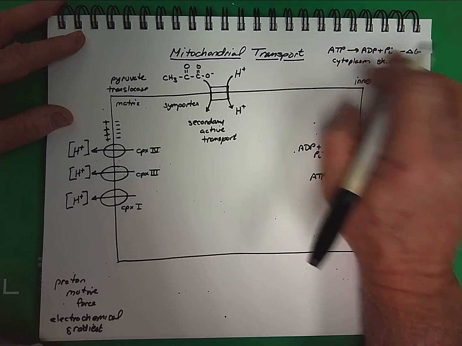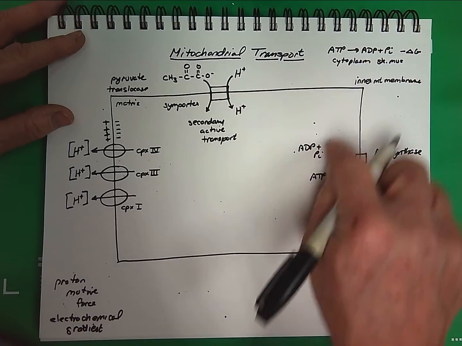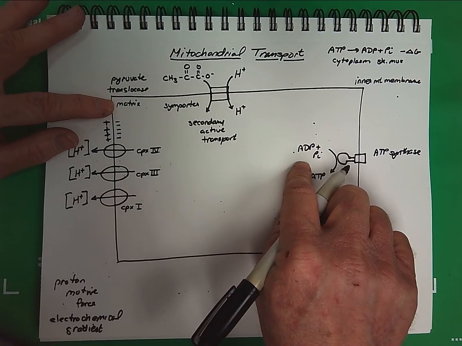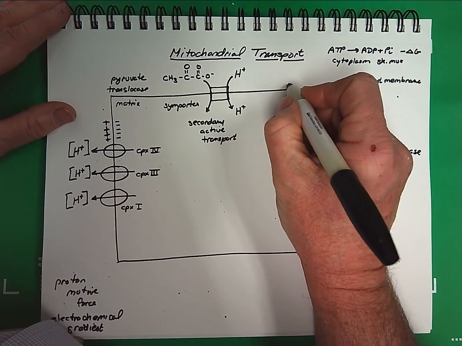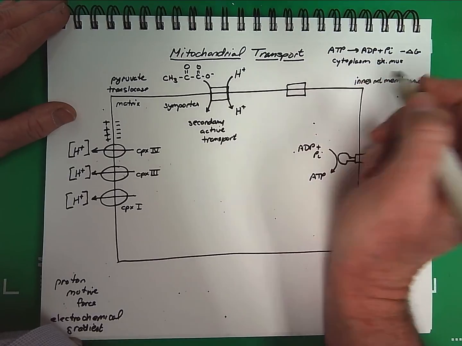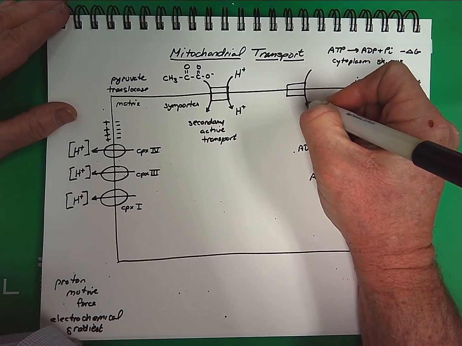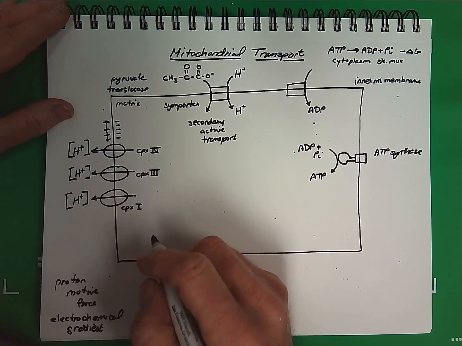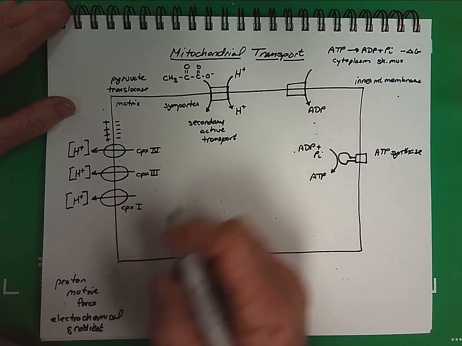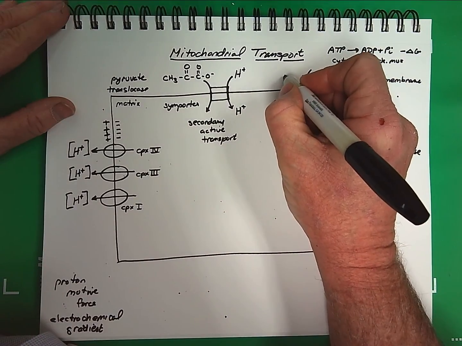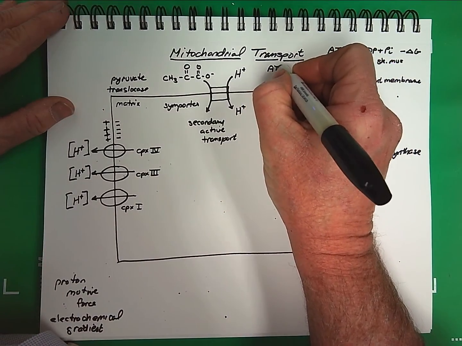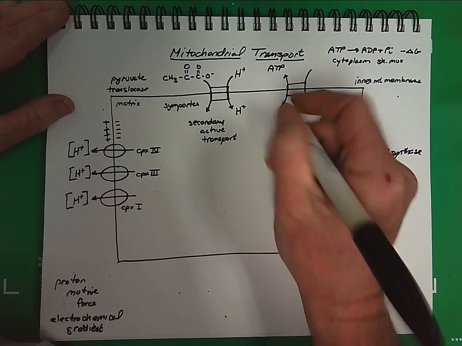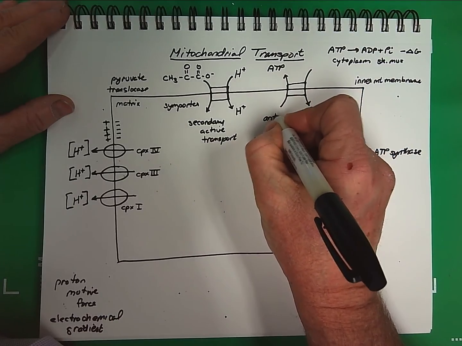So the ADP is in the cytoplasm. We have to get the ADP into the matrix of the mitochondria. So the way we're going to do that is we are going to couple ADP movement inside the matrix to the release of ATP. Now this is a one-to-one transporter.